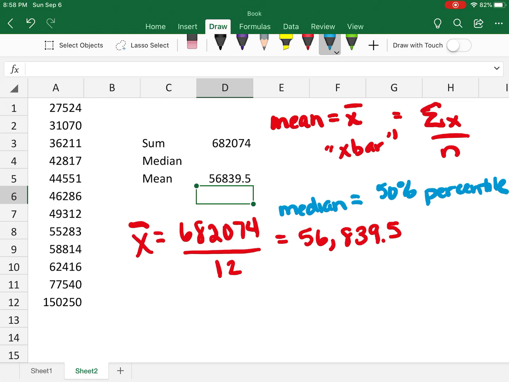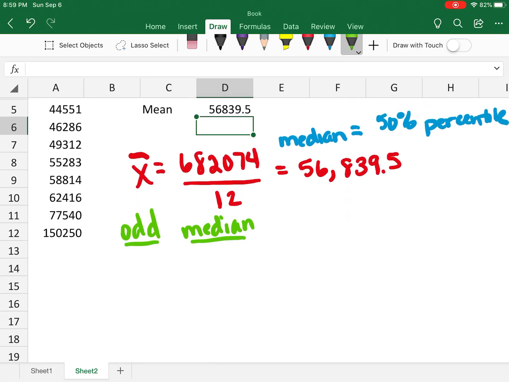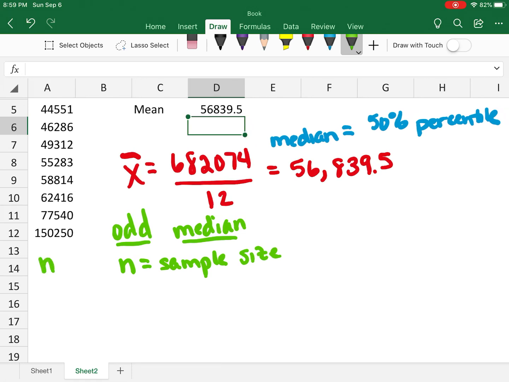In an odd set, for an odd median, there is always going to be a natural middle number. And this means that when you want to find an odd median, all you do, we call the sample size n. That's how big our sample is. For instance, in this case, our n is equal to 12. But for an odd median, you're always going to do n divided by 2.